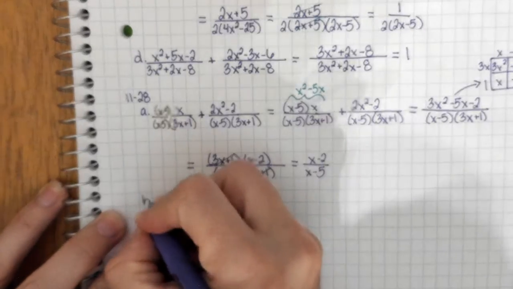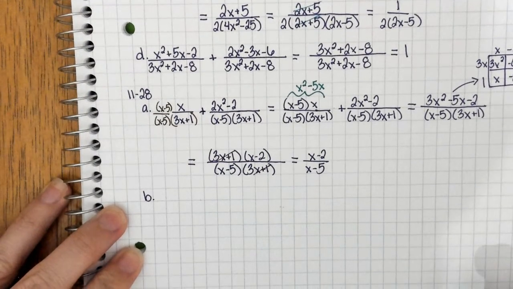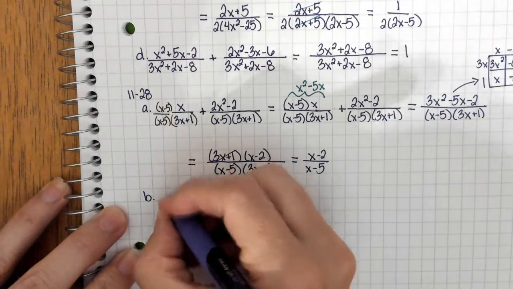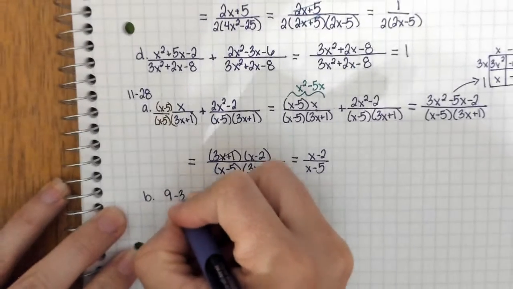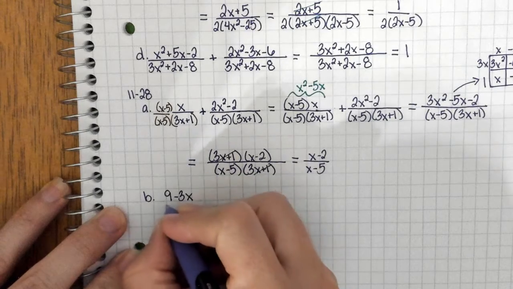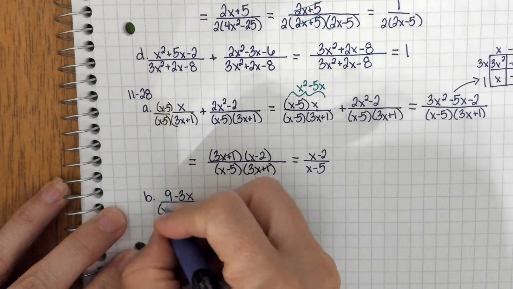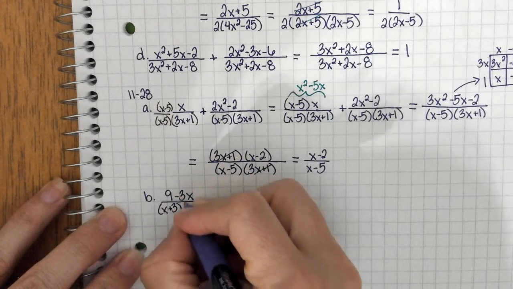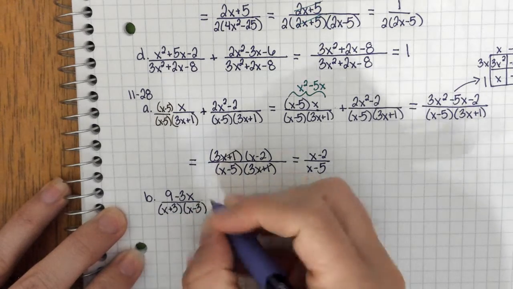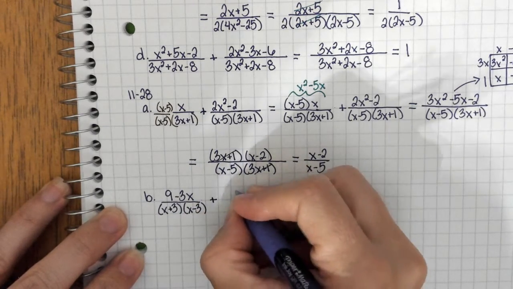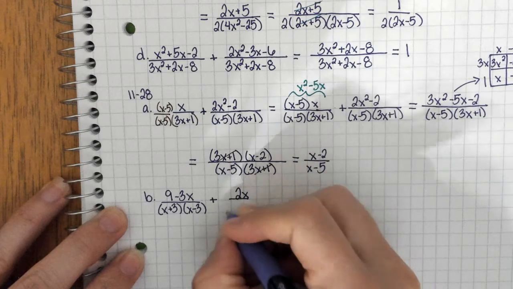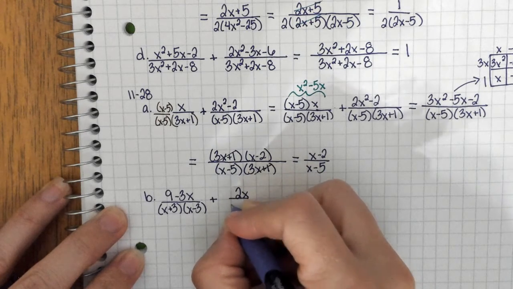And then part B, the last part of these uncommon denominators here, is 9 minus 3x over x plus 3 times x minus 3 plus 2x over x plus 3.